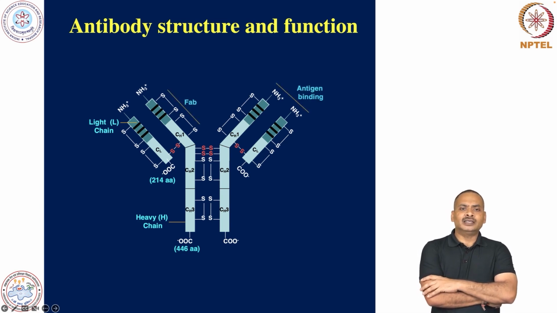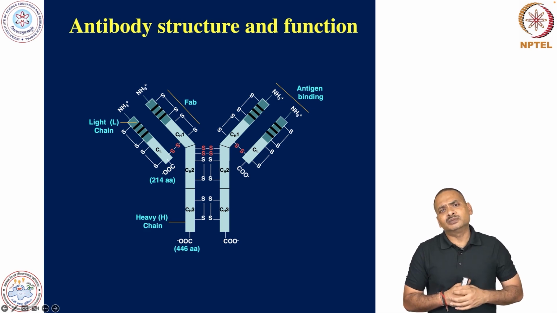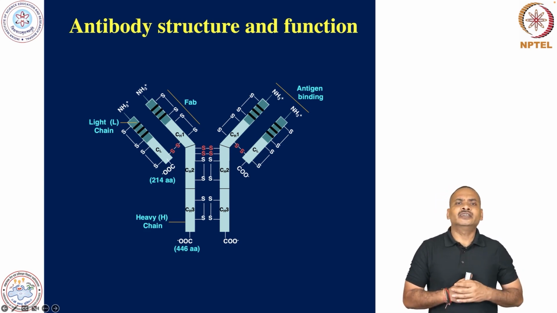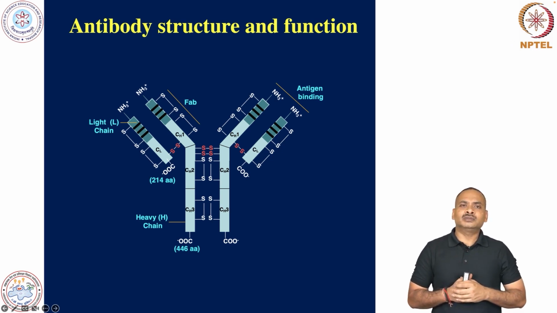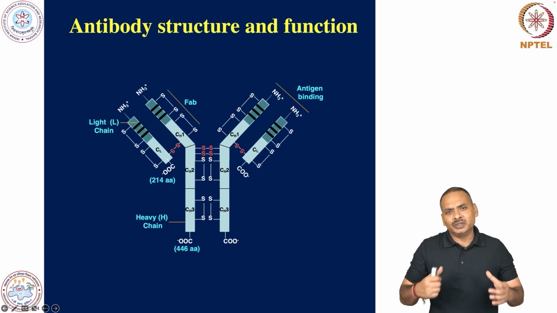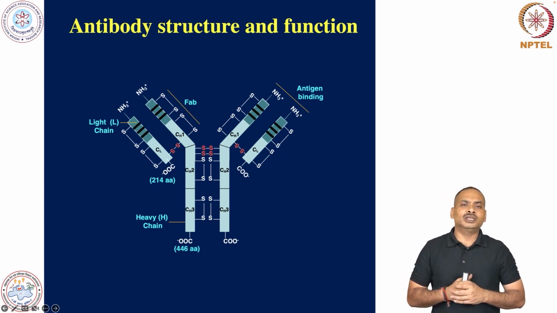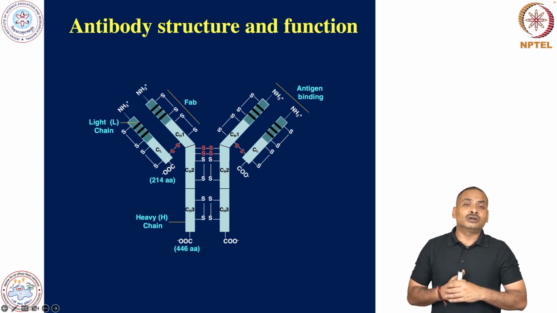There is also an antigen binding region present in both the light chain and heavy chain. This antigen binding region binds with the antigen, and then some conformational changes take place in this molecule, and this conformational change also induces conformational changes in the C1Q molecule, a subunit of the C1 complex.